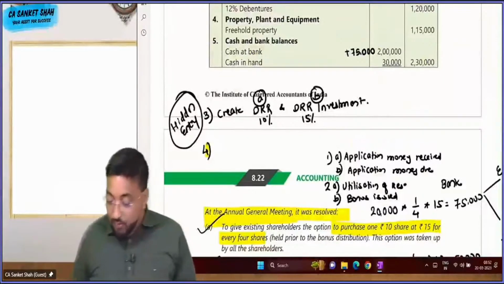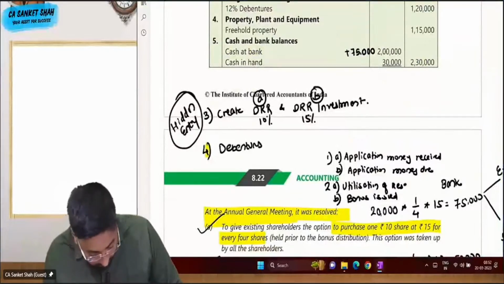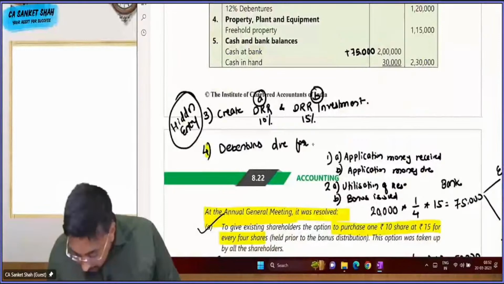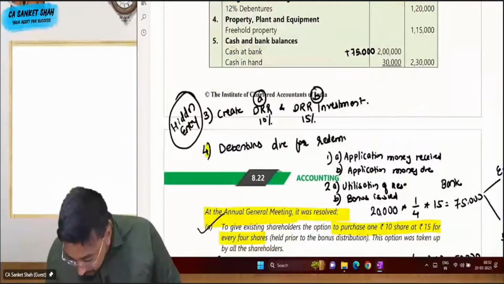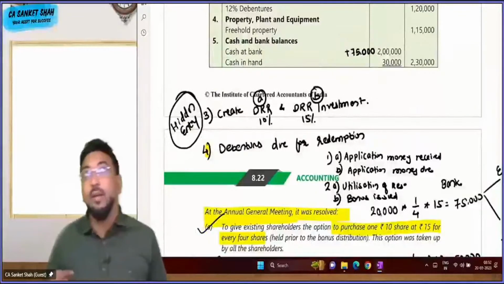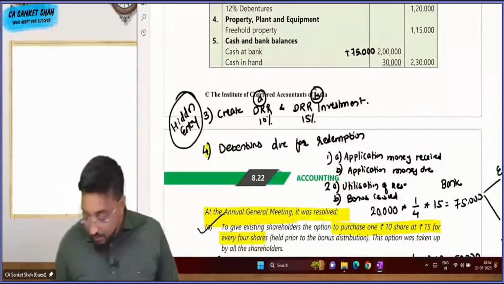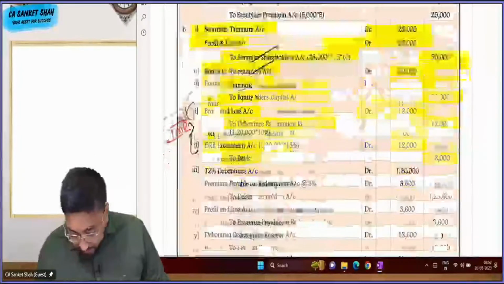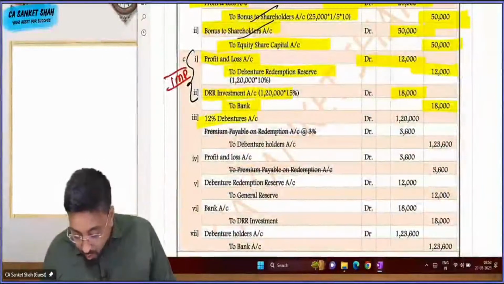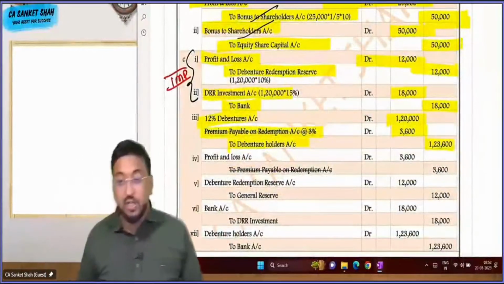Now fourth one, debentures due for redemption. So debentures due for redemption. How to think? Debentures is my liability, so we will debit debentures. 12% debentures 3,600 to debenture holders.